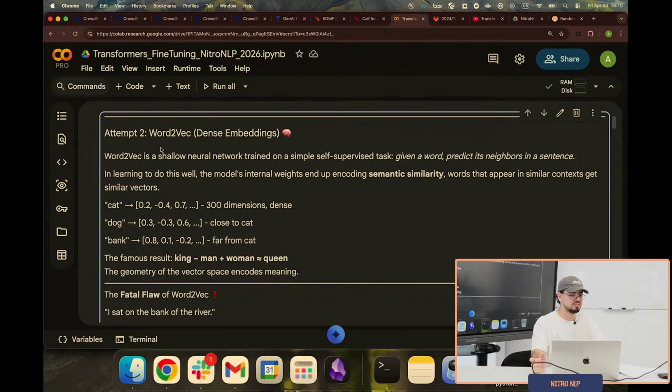As an input, it has a word, and the output is basically predictions for its neighbors. So, for example, for cat, you will have a 300-dimension vector like this, and every single number in that vector would be something that the word is related to. It captures the whole context.